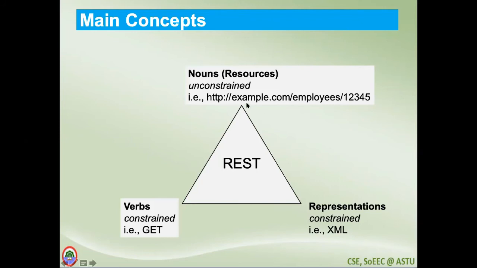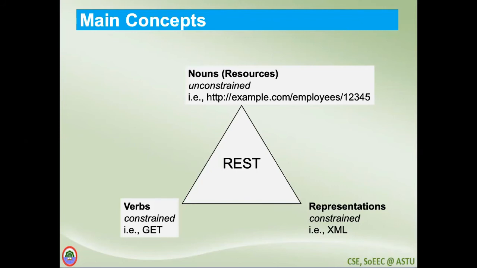Suppose you look at this example: example.com/employees. In employees, if you want to read the first employee, we specify 1 after employees. That refers to the first record, the first employee, where employee ID is equal to 1.